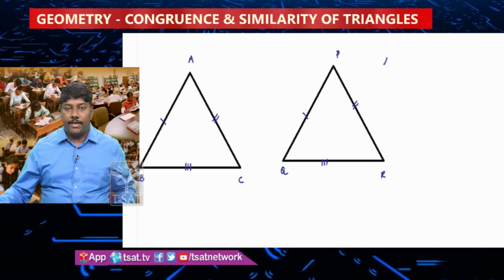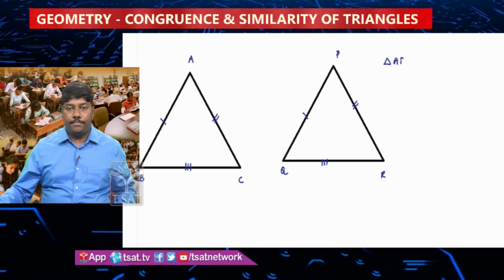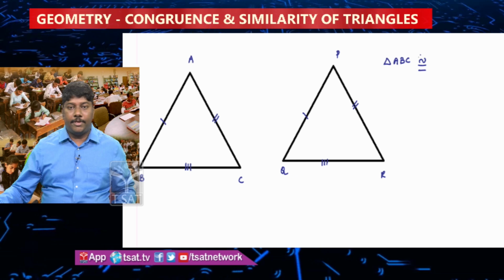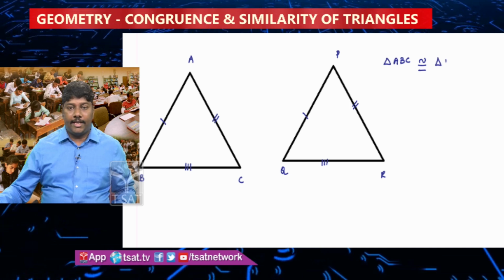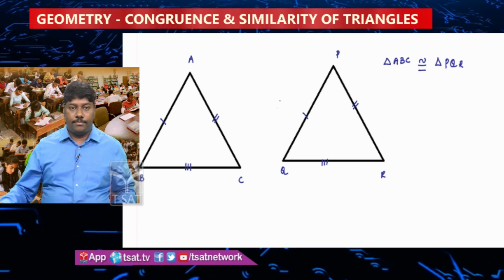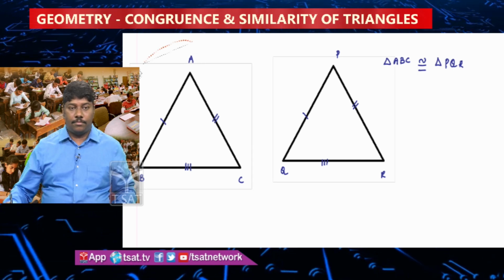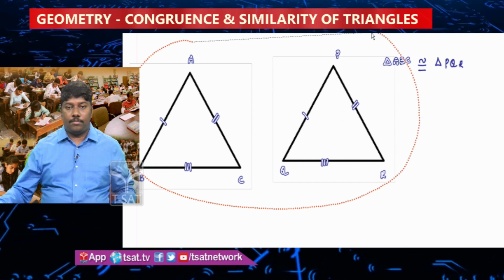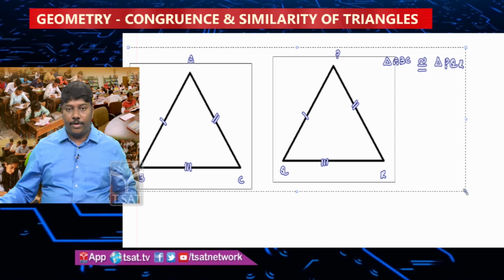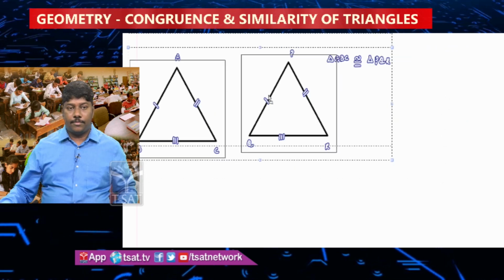So I would say triangle ABC is congruent to, this symbol represents congruency, triangle PQR. What do we know if they are congruent? Suppose they are congruent. What do we know from this? Keep it aside.